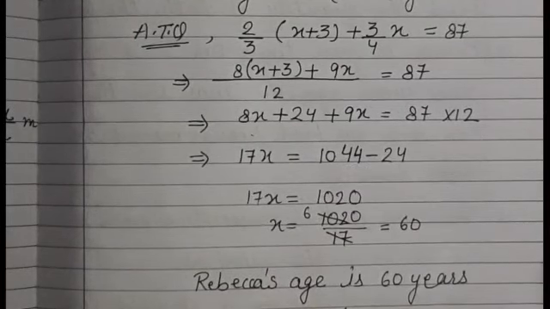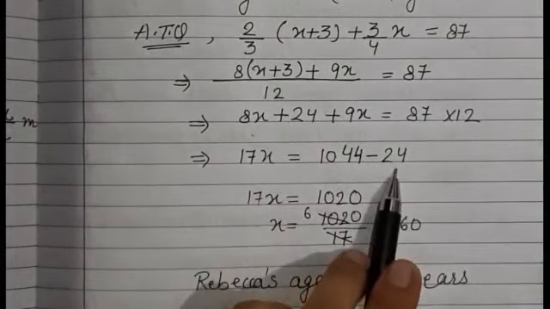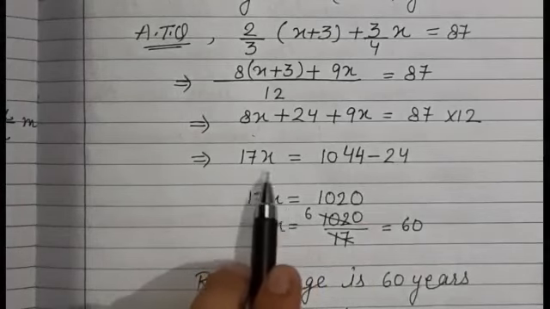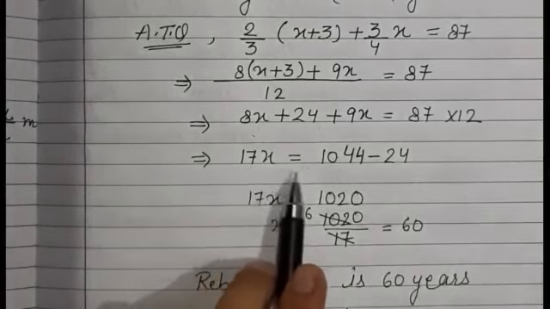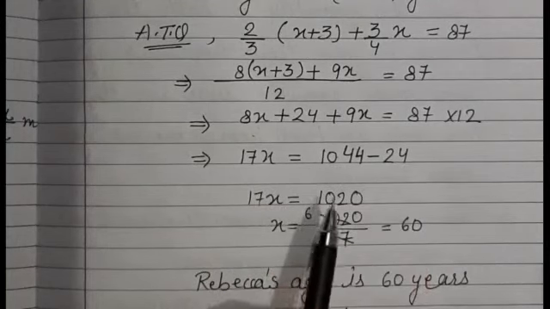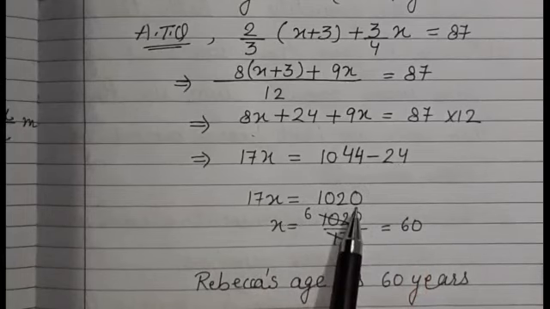Transpose 24 from the left hand side to the right hand side, we have to subtract, right? And 8x plus 9x will be 17x. So the equation is 17x is equal to 1044 minus 24. 1044 minus 24 is 1020.